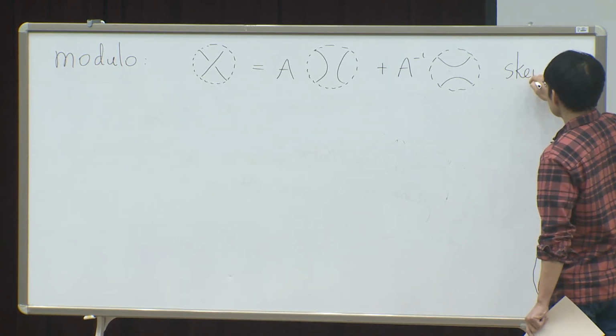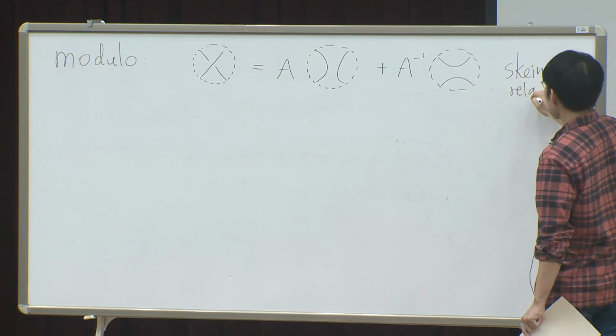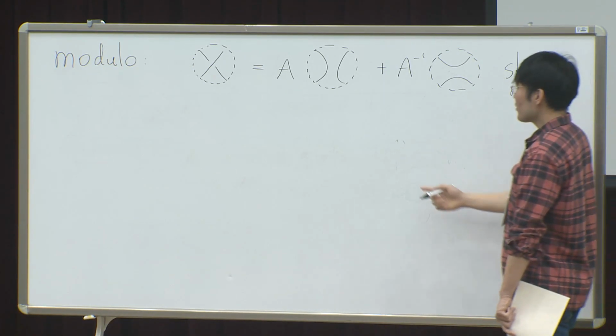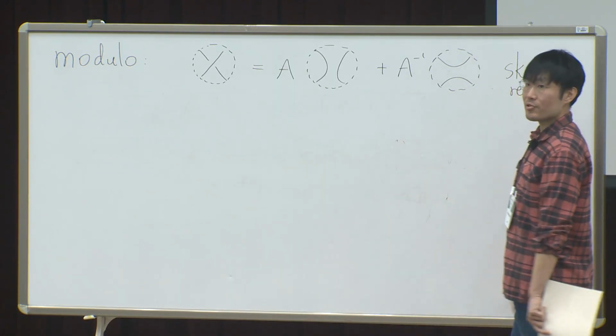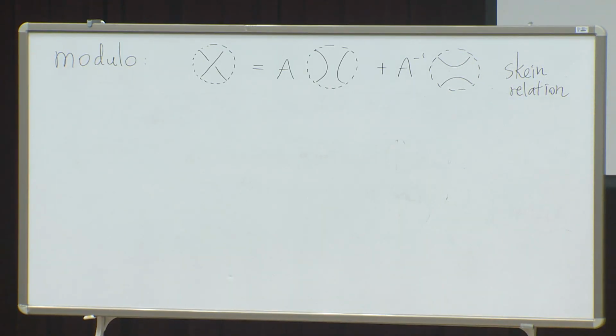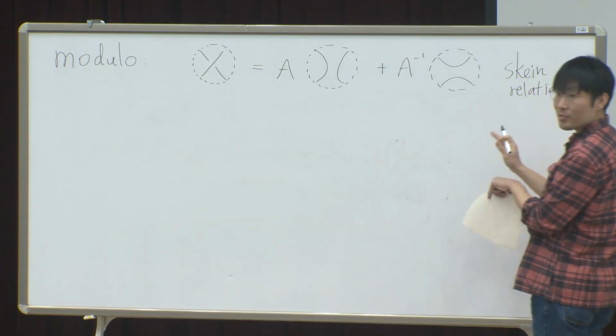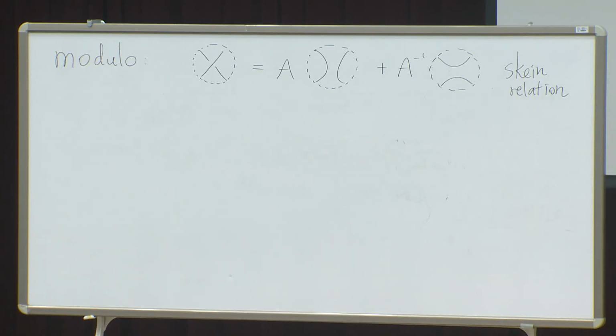And what does it mean? It gives a relation among three framed links which look almost the same except in a very small ball, where they differ by these three pictures. So only locally they differ, and if they differ exactly as these three pictures, then they should be related by this relation, which is called a skein relation.